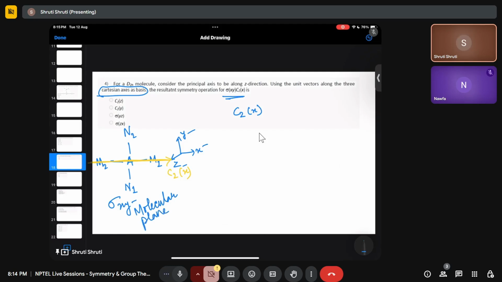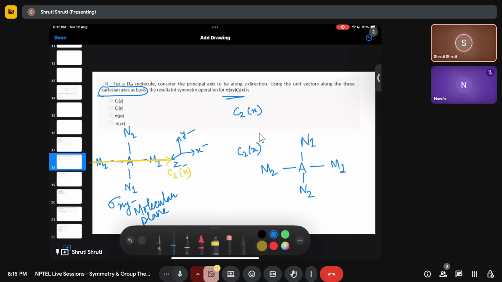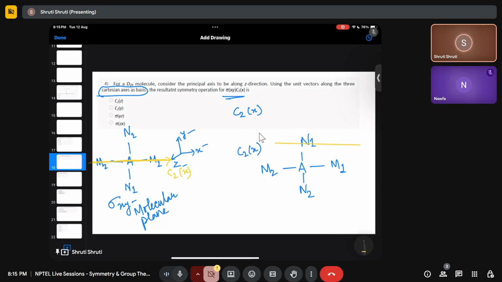Understood? So this will be m1, m2. It will not change, and n1, n2 will change their place. This is the result after C2x. And then when you apply the molecular plane, nothing will happen because this is the plane of the molecule. Okay, then again it will remain as it is.